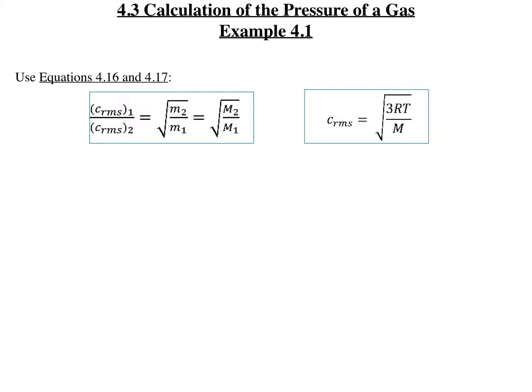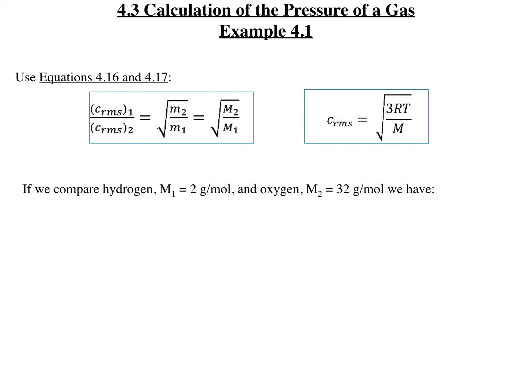This is because the equation on the right hand side shows that mass and speed are inversely related to each other, with the square root function in them. So then that's equal to the square root of m2 over m1. Simply replace the masses by atomic or molecular masses.